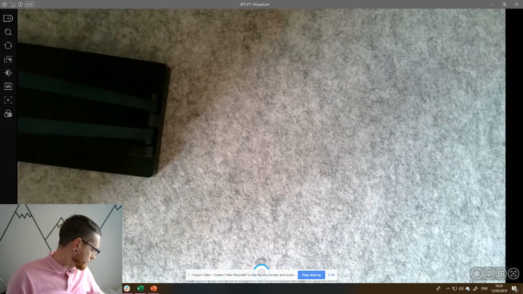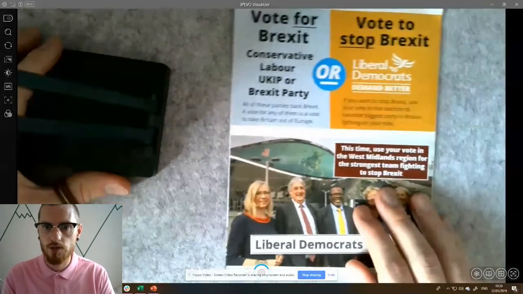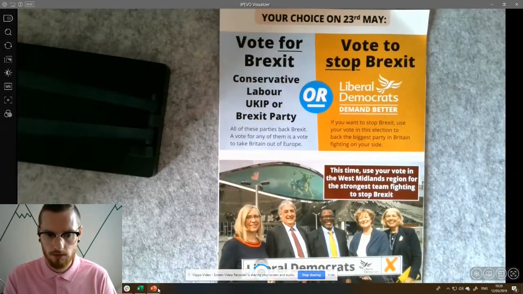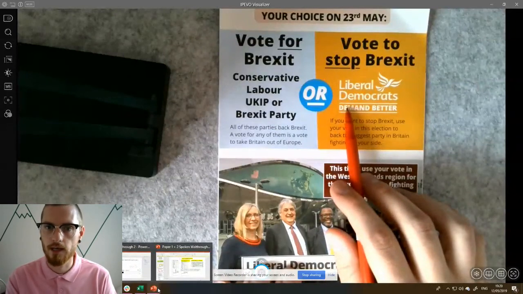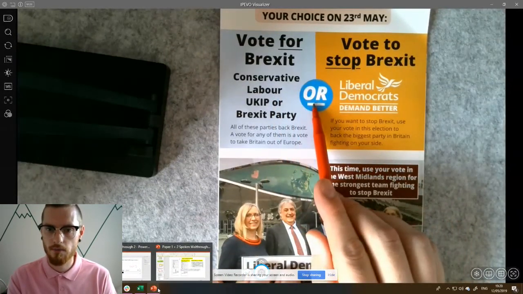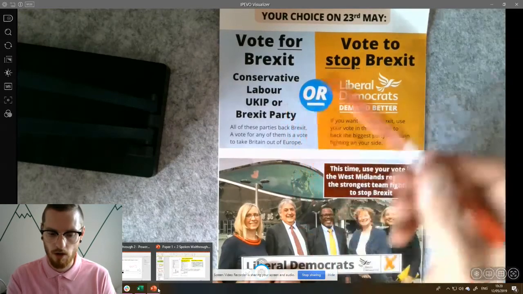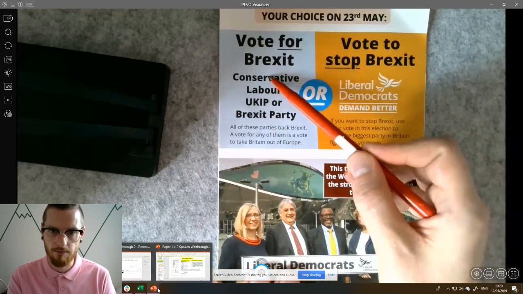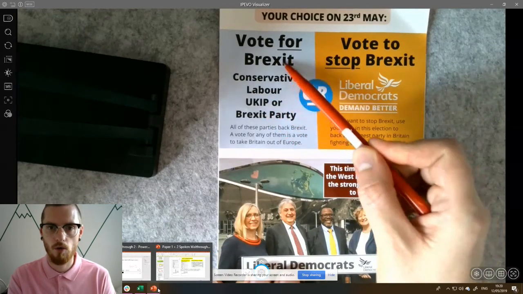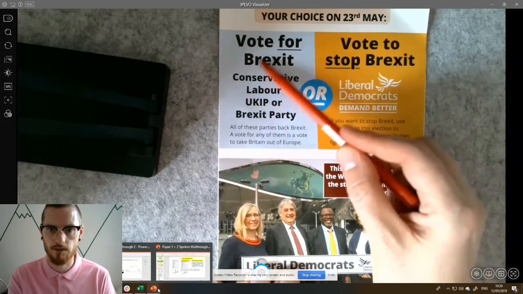So here, we've got the EU elections coming up, and the Lib Dems, who in our pamphlet here are giving me an evaluation of Brexit. They're giving me two sides. Okay, we've got a vote for Brexit, and they've lumped Conservative, Labour, UKIP, and the Brexit Party all together on one side of the argument.